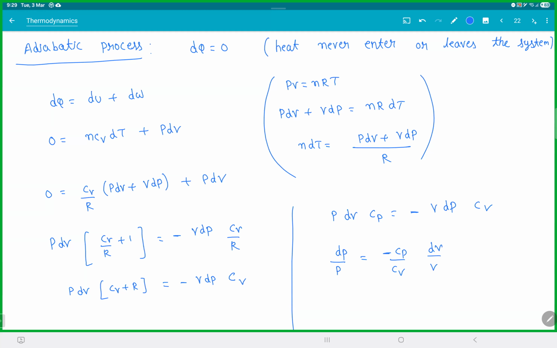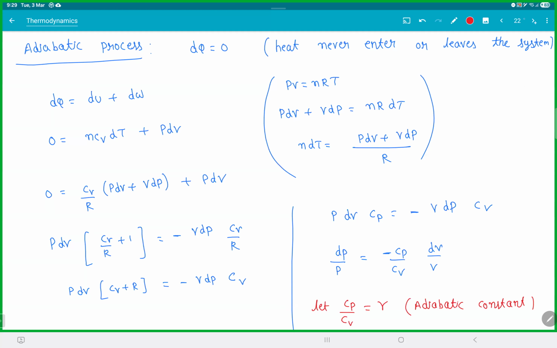Now for convenience, we choose let Cp by Cv, we start calling this with a new thing called gamma, which is also called as an adiabatic constant. We'll talk about that in a bit. There, now it is just an integration.